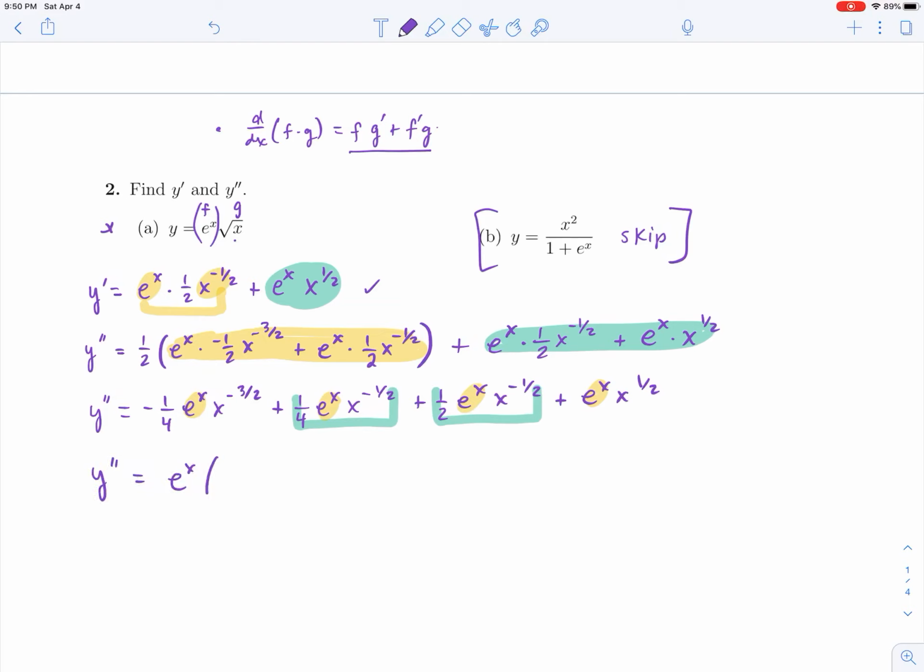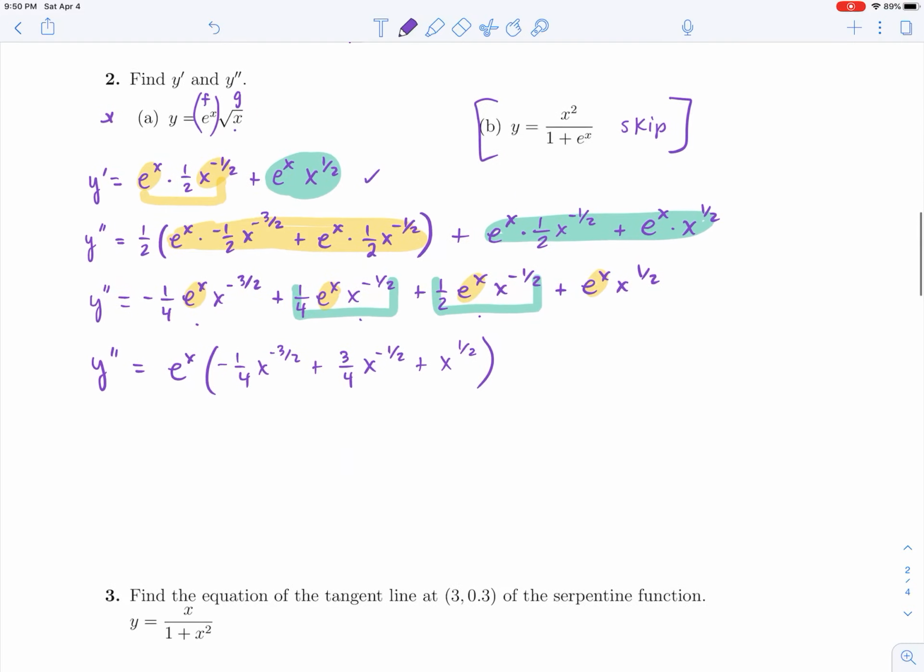So let's go ahead and factor out the e to the x. And then we have negative 1/4 x to the negative 3/2. That's this piece. If we add these two together, we're going to have 3/4 x to the negative 1/2 plus x to the positive 1/2.